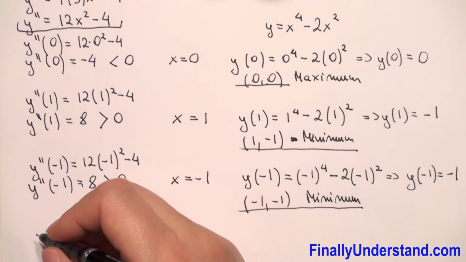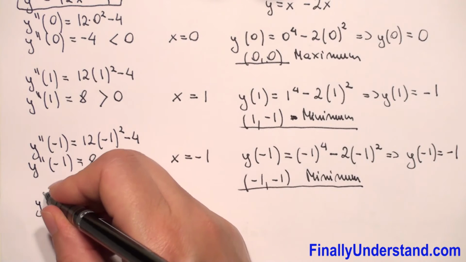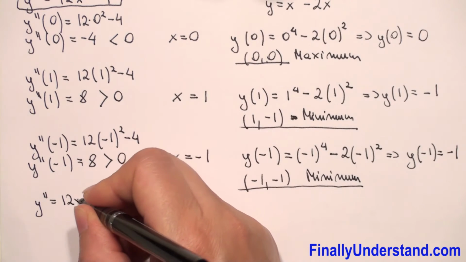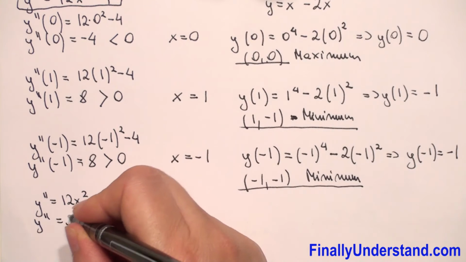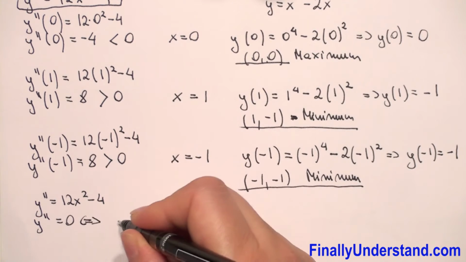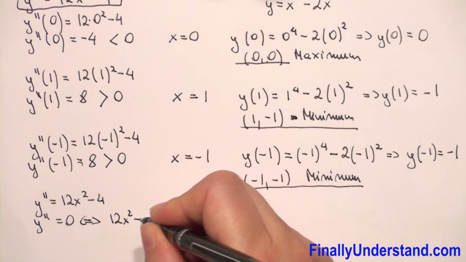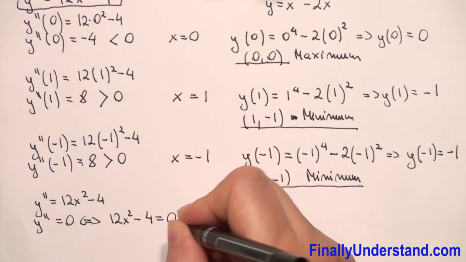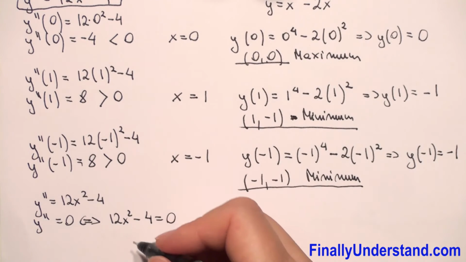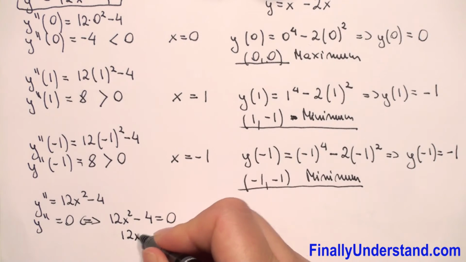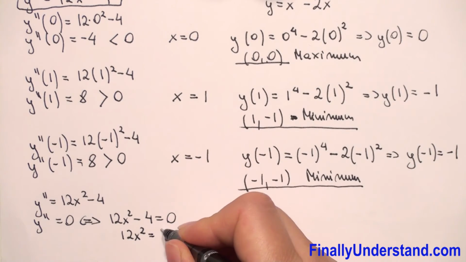So let me copy. Our second derivative is 12x squared minus 4. The second derivative is equal to 0 if and only if 12x squared minus 4 is equal to 0. So we have to solve a quadratic equation. First, I will move negative 4 to the right side, so it will be 12x squared equals 4.